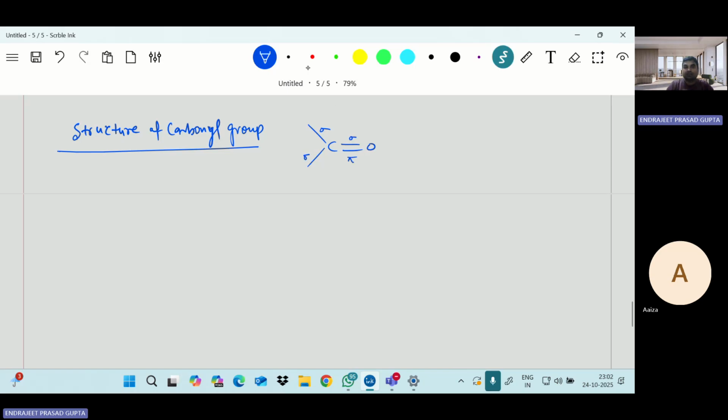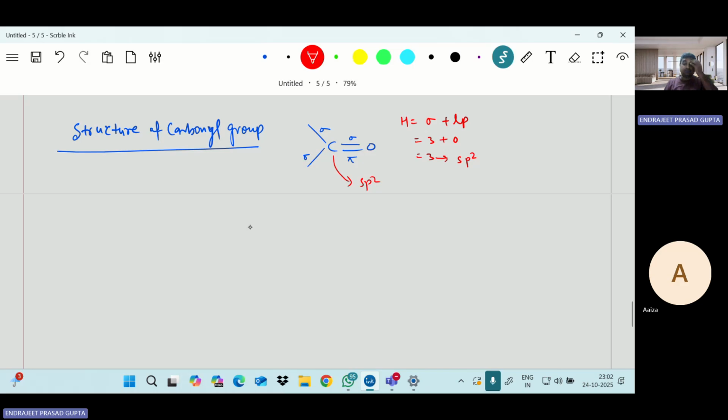Here there are total 3 sigma bonds. Hybridization H is equal to sigma bond plus lone pair. So 3 sigma and lone pair 0. So it means 1 s orbital and 2 p orbitals, sp2 hybridization. So this carbon is sp2 hybridized.